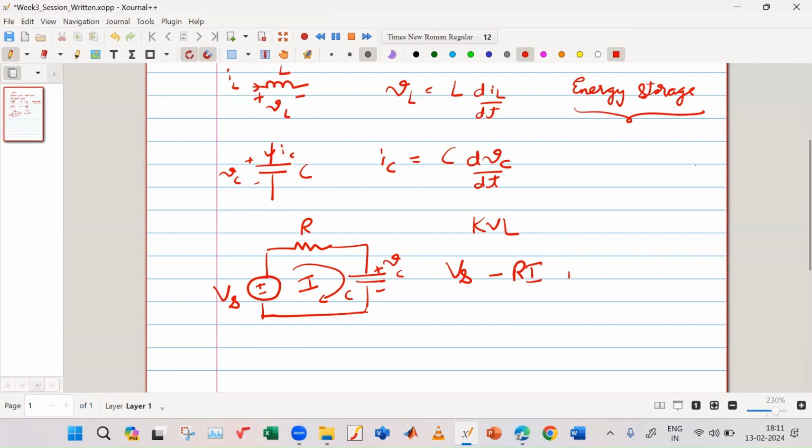Okay. So you are saying 1 by C integral of di by dt, and this is equal to 0. So there should be a minus sign here, right? So if you do KVL, it will be Vs minus R into I minus 1 by C integral of di by dt.